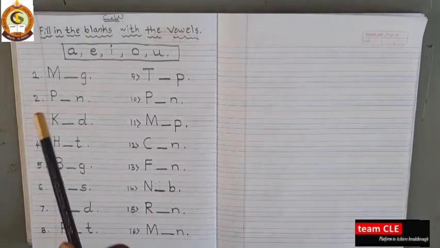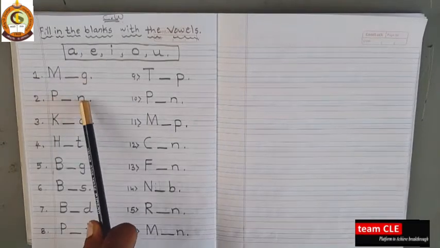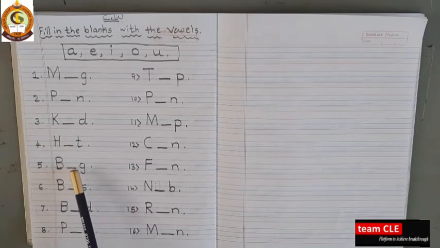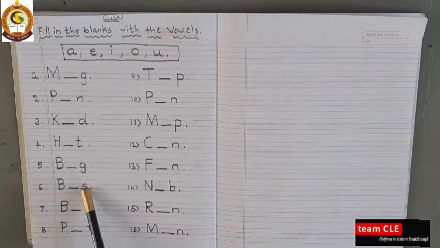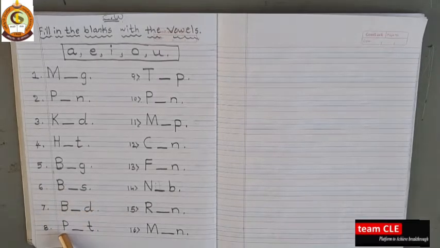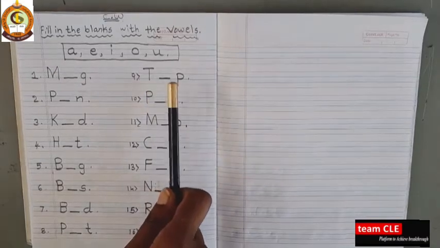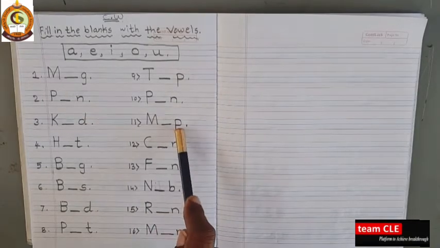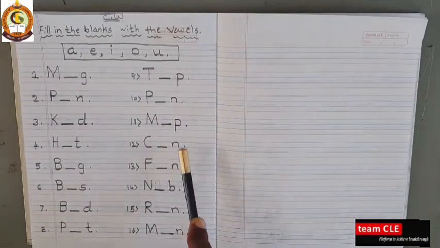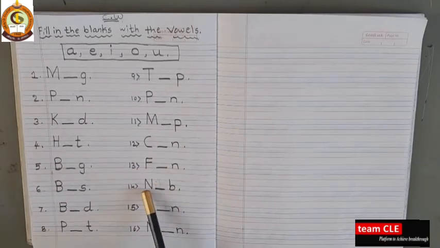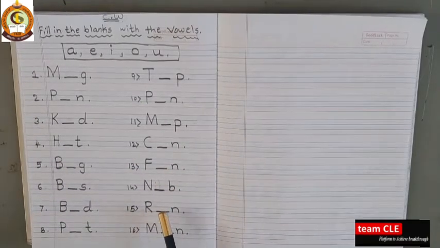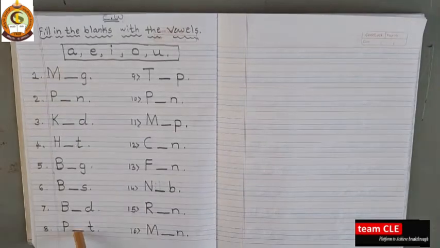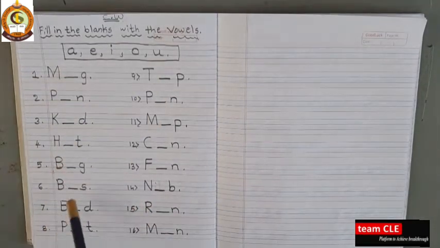M dash G, P dash N, K dash D, H dash T, B dash G, B dash S, B dash D, P dash T, T dash P, P dash N, M dash P, C dash N, F dash N, N dash B, R dash N, M dash N. In the middle, what did we have to write?